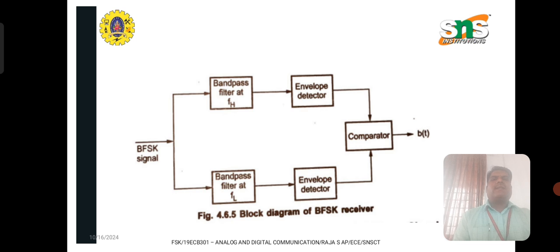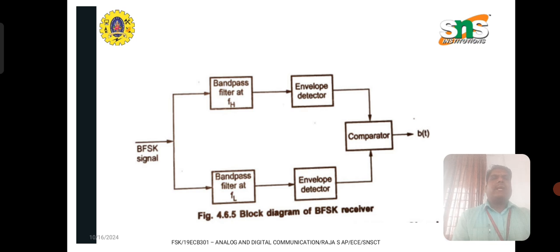The bandpass filter at FL will remove the carrier frequency at the 0 sequence. Both are given to the envelope detector. The envelope detector consists of a rectifier along with a low pass filter, which will convert the analog waveform into a digital sequence of pulses having an amplitude of either 0.5 or 1.5. The same concept can be applied on the lower branch or 0 sequence also.